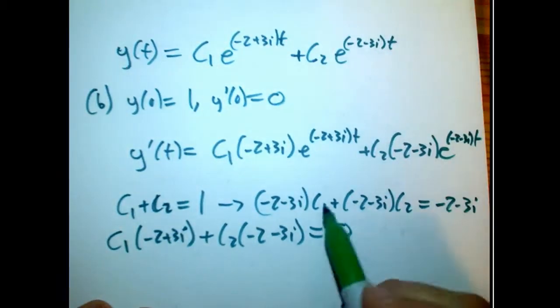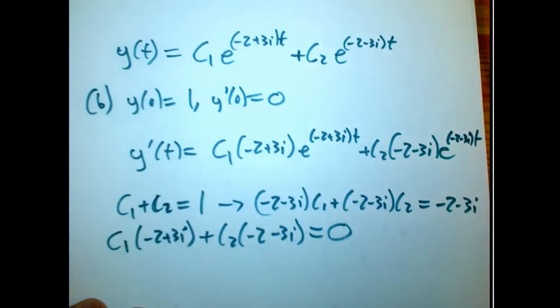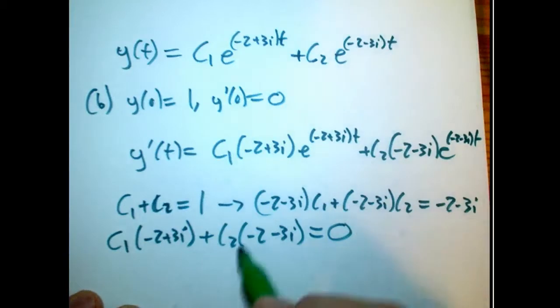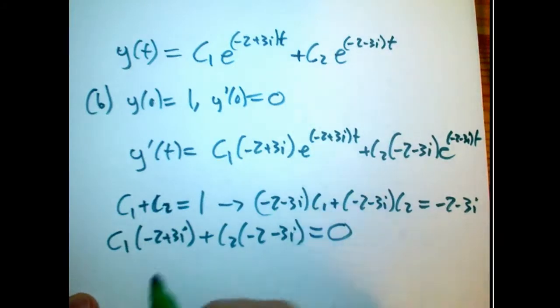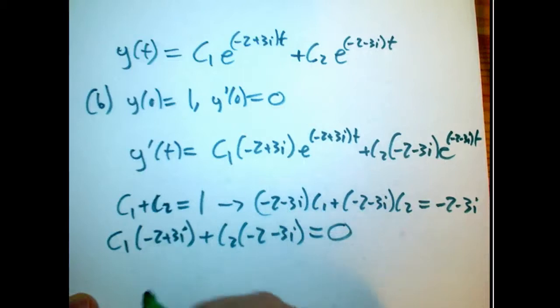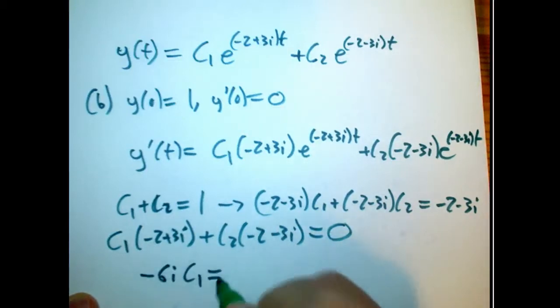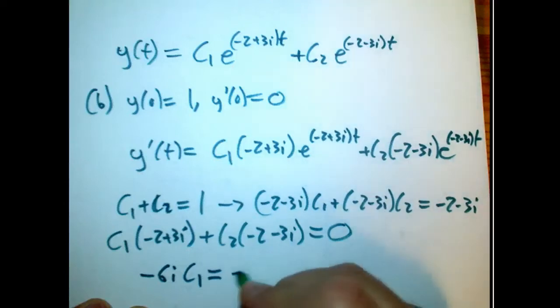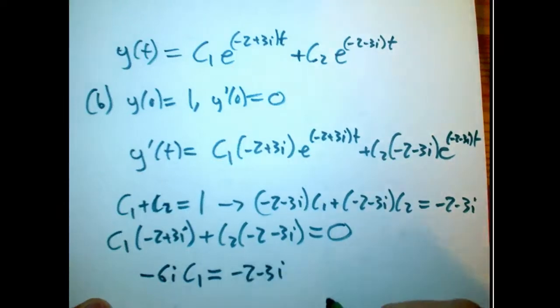Now I'm going to subtract this equation from the other one. The minus 2's cancel, and we get minus 6i C1 equals, now these guys go away completely, minus 2 minus 3i.